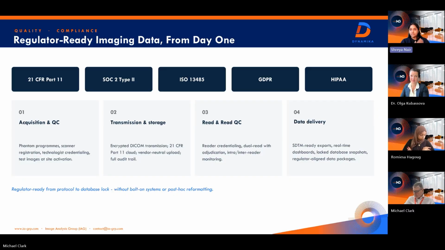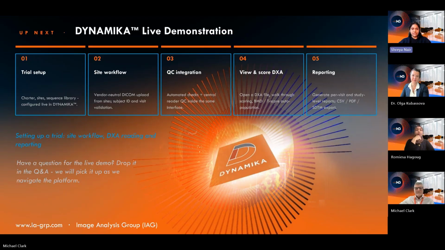And finally, we have our dashboards and our dedicated data management team who helps us wrap up data packages for submissions. If you move on to the next slide, that's a little introduction to the demo. I will now walk you through a basic workflow that you're seeing on screen, right from trial setup, how we upload images, how a QC is done, how we read, and the dashboards at the end.